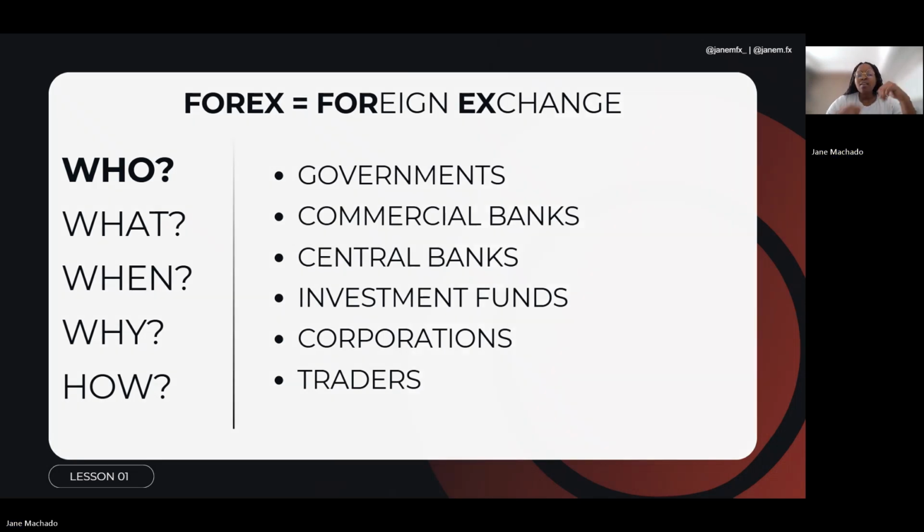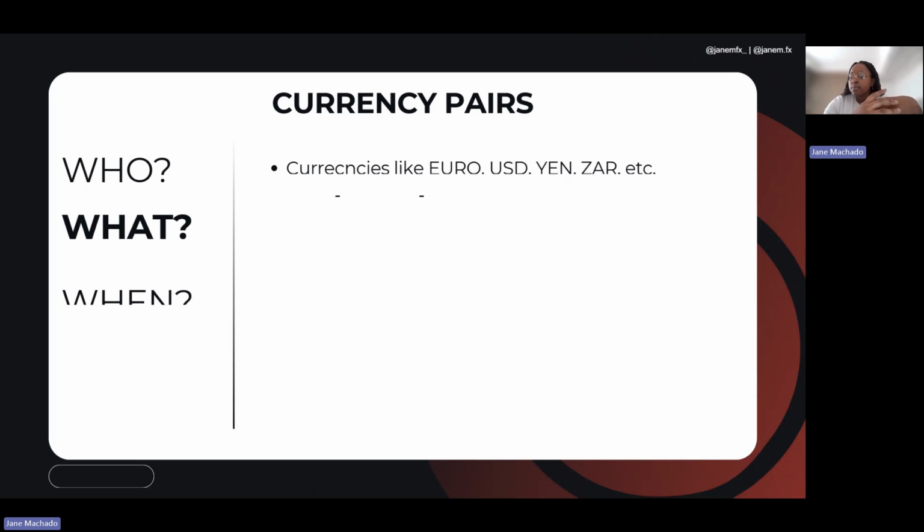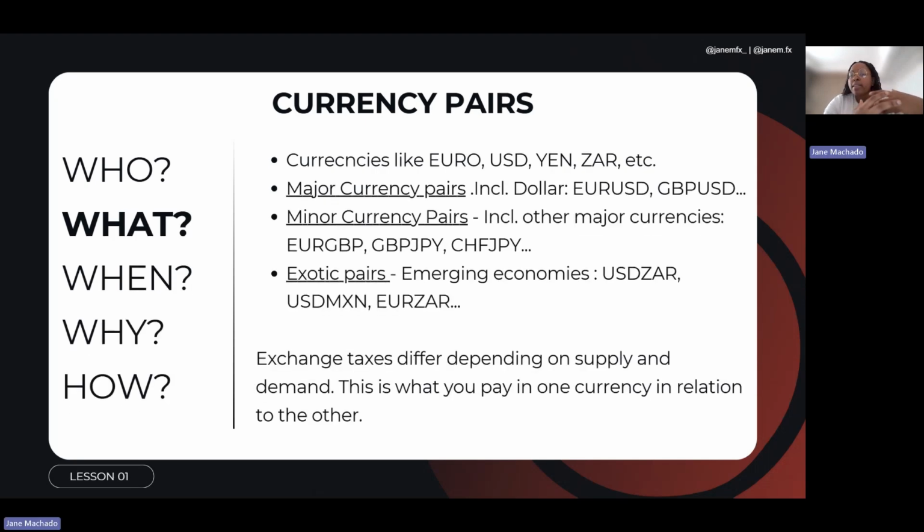Okay? Then what do we do in the foreign exchange market? What is exchanged? Yes, it's a foreign exchange, but a foreign exchange of what? Of currencies. Of currencies like euro, dollar, yen, rand, etc. So here you have the major pairs and you have the minor pairs, but you also have the exotic pairs.